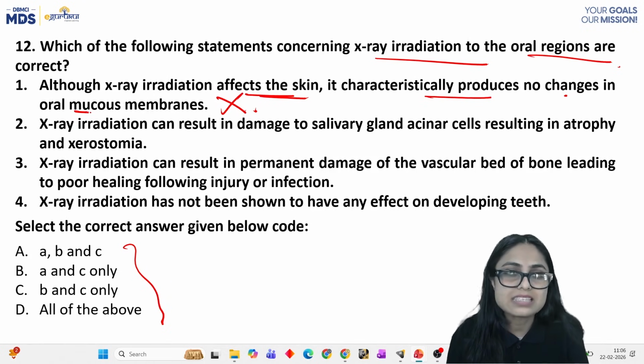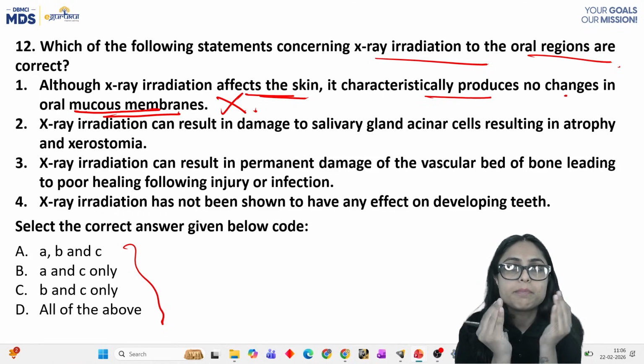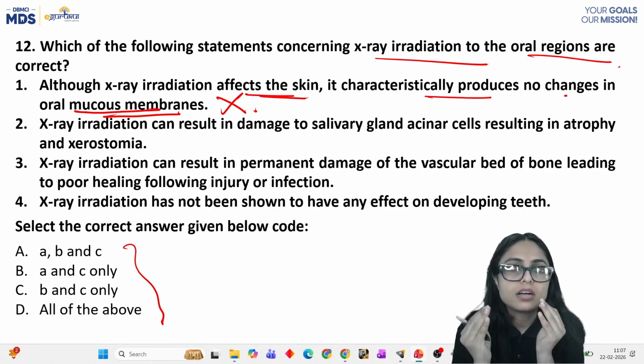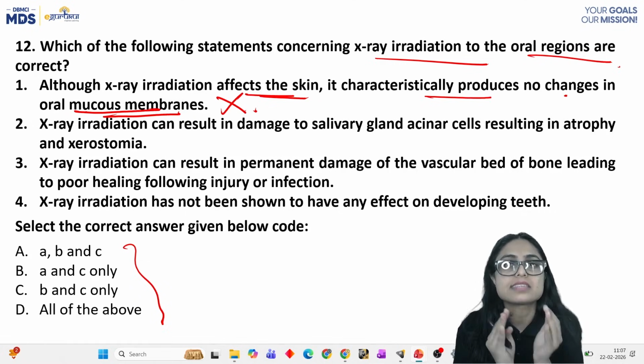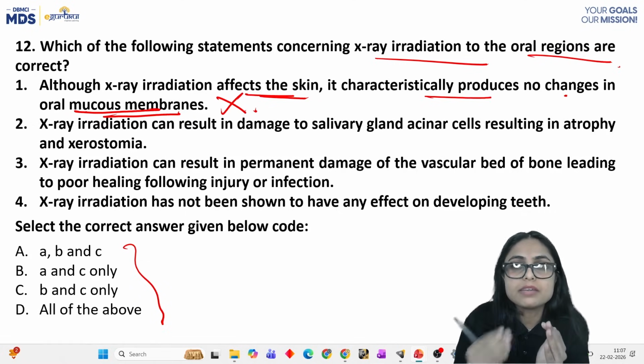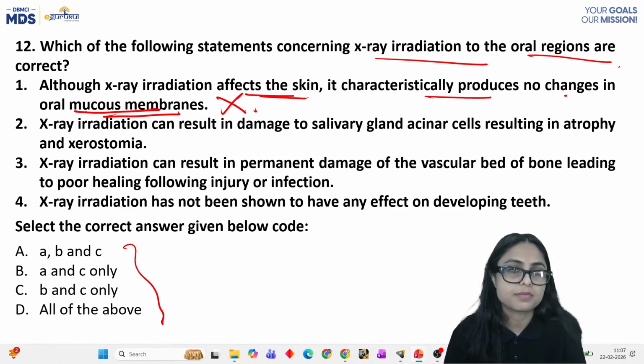Oral mucous membrane is highly sensitive to the radiation because the basal layer, or basement membrane, of the OMM is highly dividing, with highly dividing cells. So this is highly radiosensitive, and this is a wrong statement.